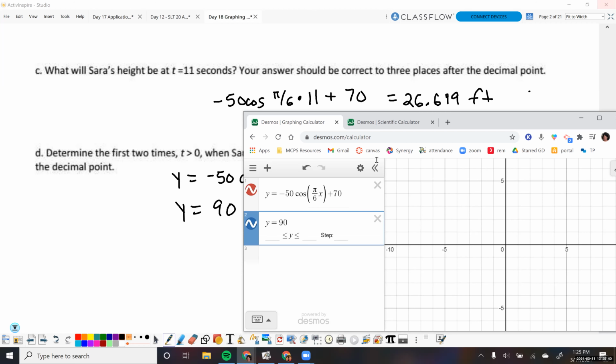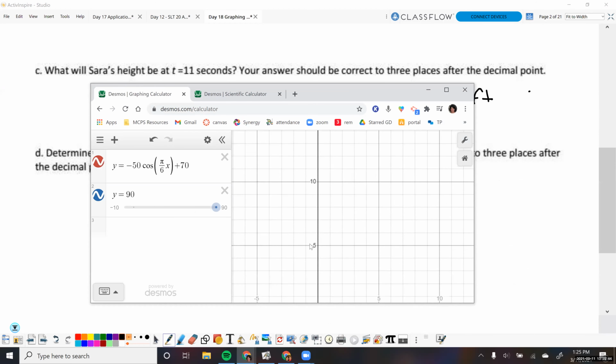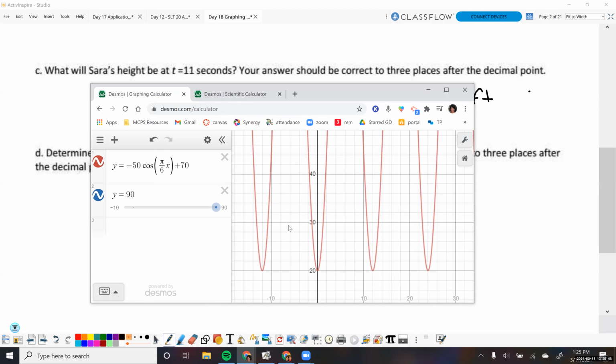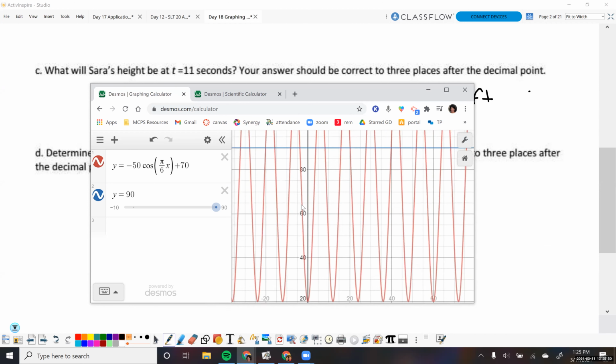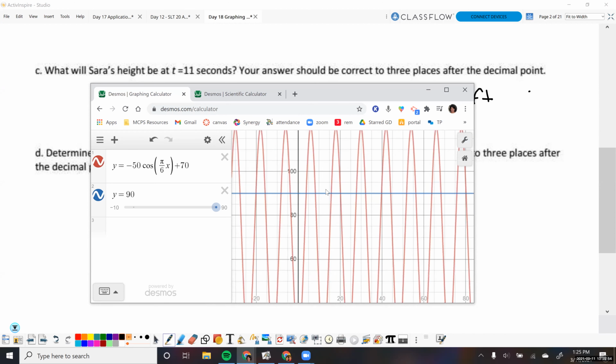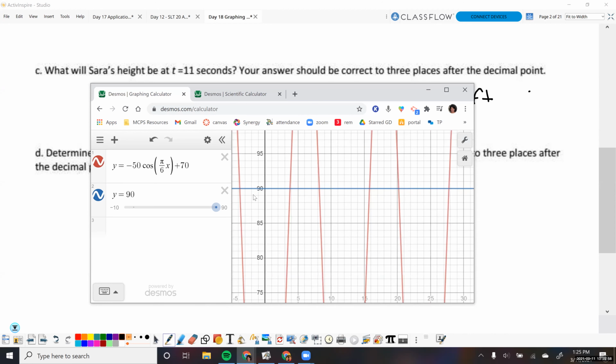Now you'll notice I don't see anything on my graph. I need to move it. I need to find these points, and if I use the wheel on my mouse, I can scroll out pretty quick. Oh, and there we go. I'm looking to see where the blue line crosses the cosine function. That's what I'm looking for. So I'm going to slide in there, and I can see the 90, and I'm looking for these 2 points. And this is what is so great about Desmos.